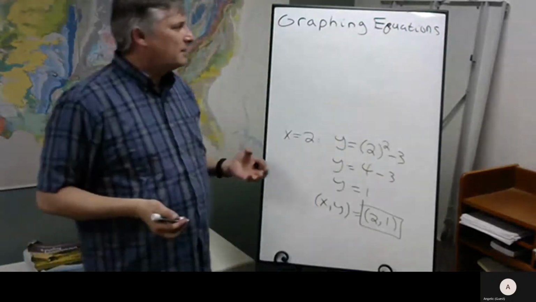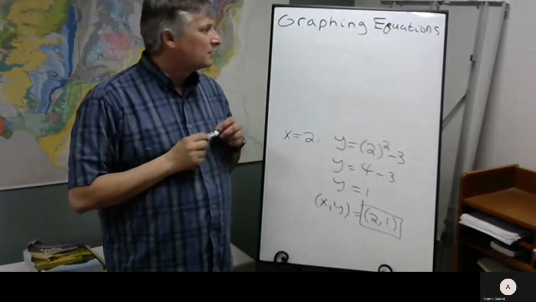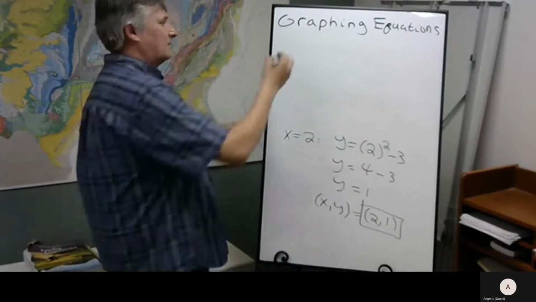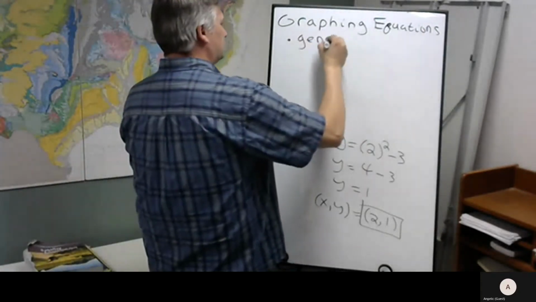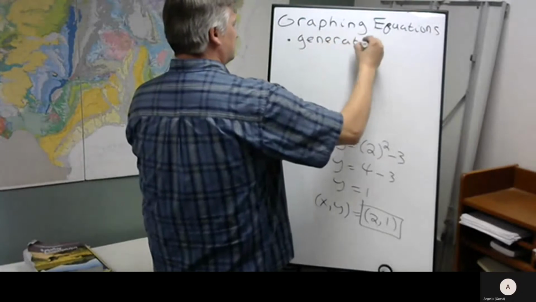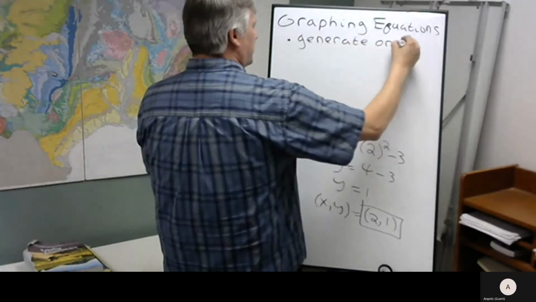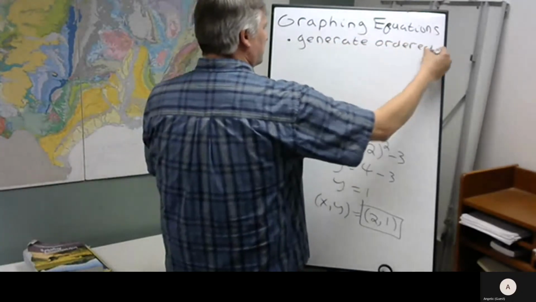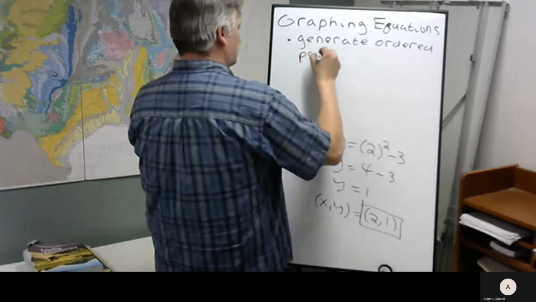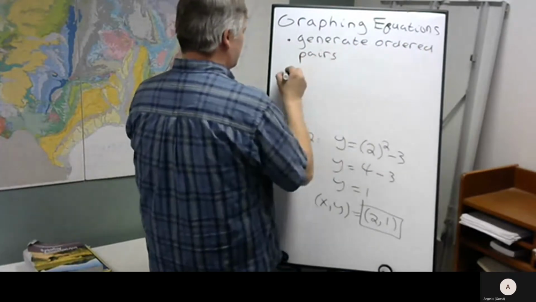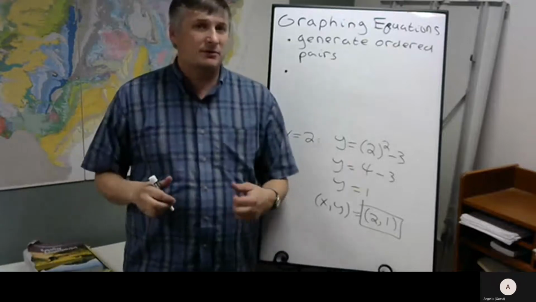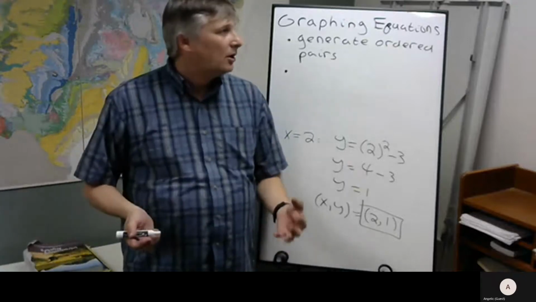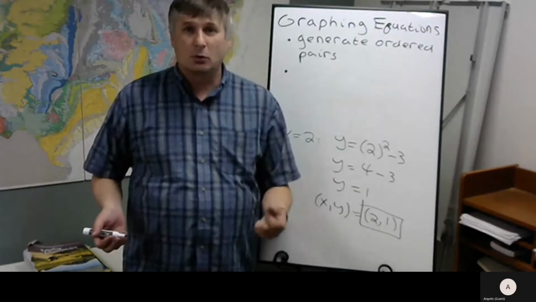So the idea of graphing equations is this: we'll generate ordered pairs, and then we'll plot those ordered pairs as points on the rectangular coordinate system.